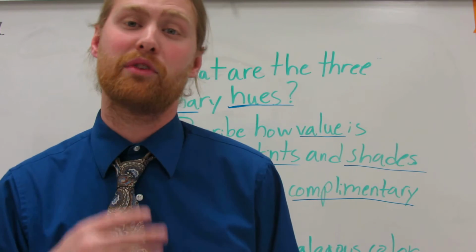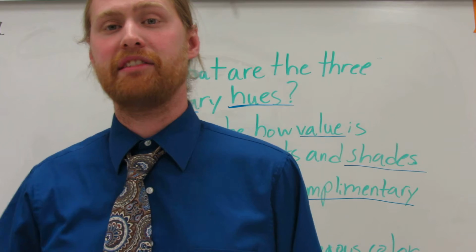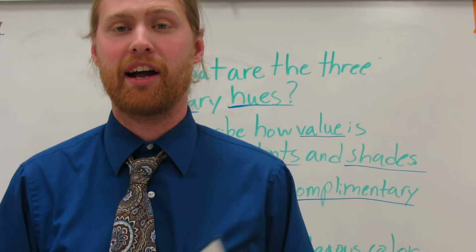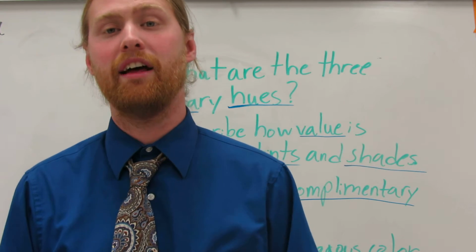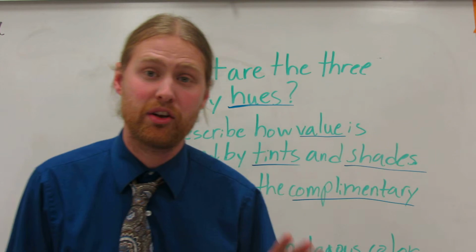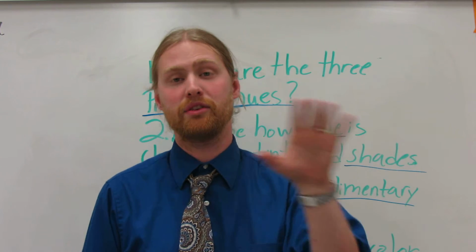Red-violet, red-orange, and then orange, then yellow. They're along the side of each other, so they look good together. They don't contrast a whole lot because they look very similar since they share that hue. They share that base of red. All those colors will have red until you get to yellow.